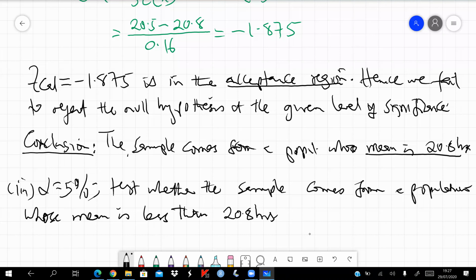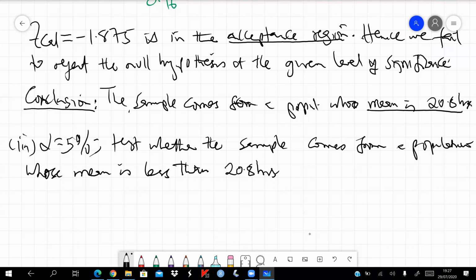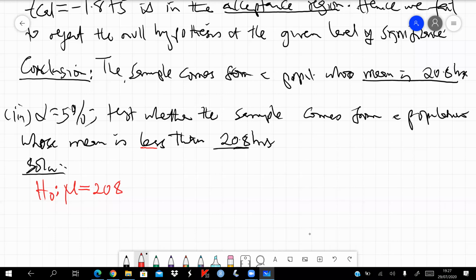All right. So let's repeat the steps. Clearly, this is our mu naught. So our solution: H naught will be mu is equal to 20.8. And then we are testing whether it is less than. You see, the question is the one that will always guide you.